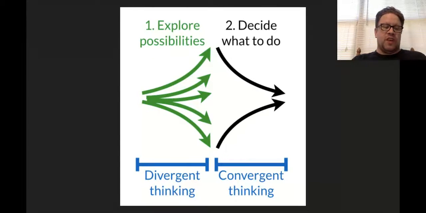So they use previous knowledge and logic to arrive on that ideal solution. Whereas divergent thinking is thinking where an individual arrives at multiple unique solutions to a given problem, often described as thinking outside the box.